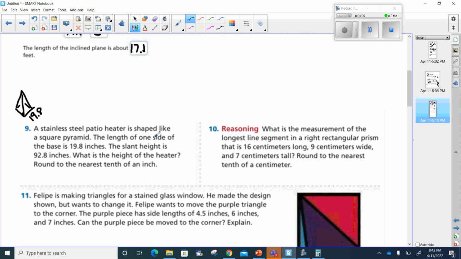Now it says the slant height is 92.8. So that means this side over here, going up to the point, is going to be 92.8. I'm going to make that 8 just a little bit better because I was pretty sloppy.